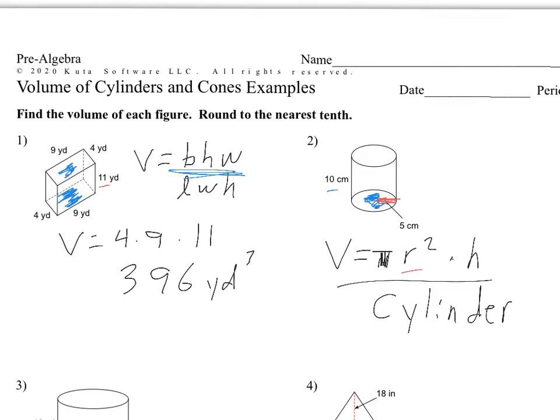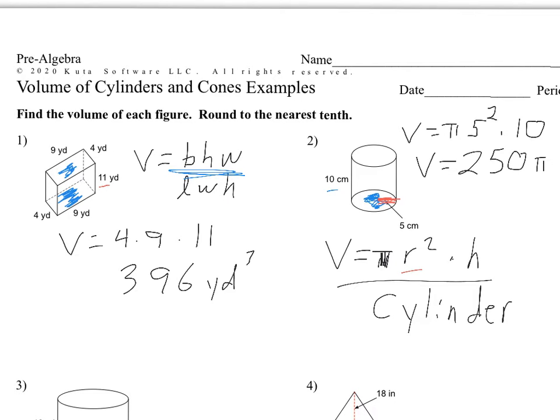So in our example here, our volume is equal to pi times 5 squared times 10. Well, 5 squared is 25, and 25 times 10 is 250. So we have 250 pi.